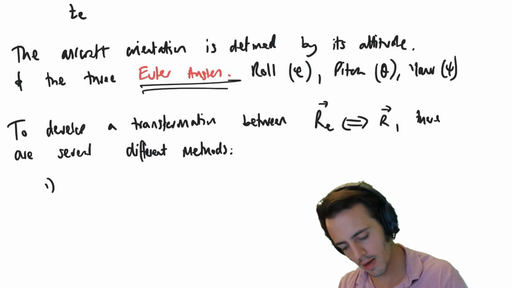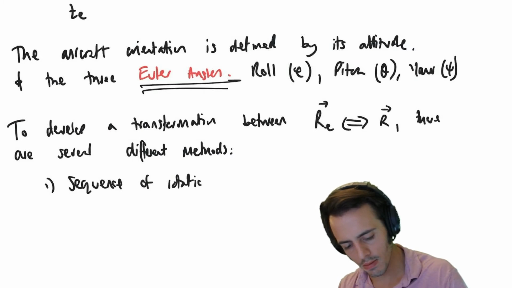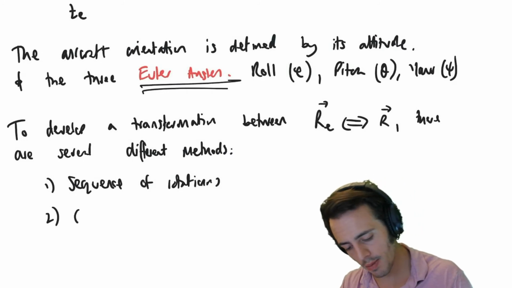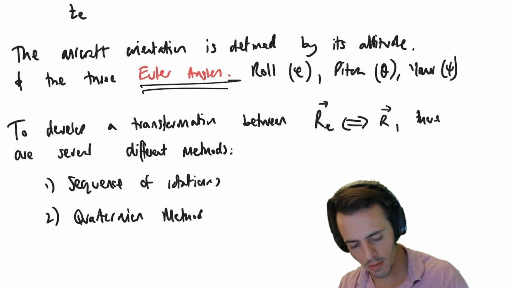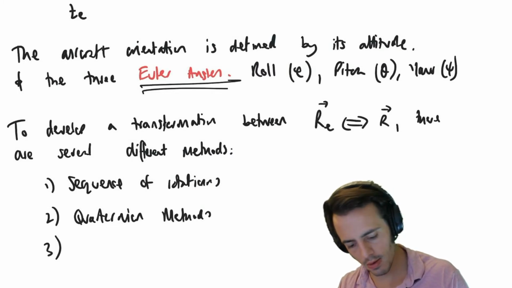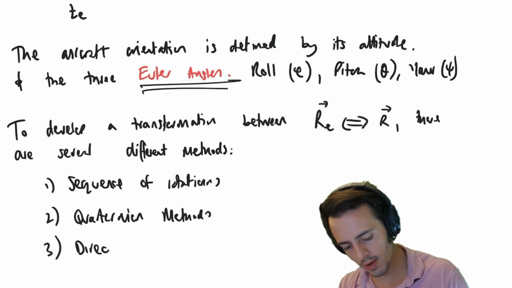Okay, the first one is the sequence of rotations. Second is we can end up using something called quaternion methods. And the last one is something called a direction cosine matrix.